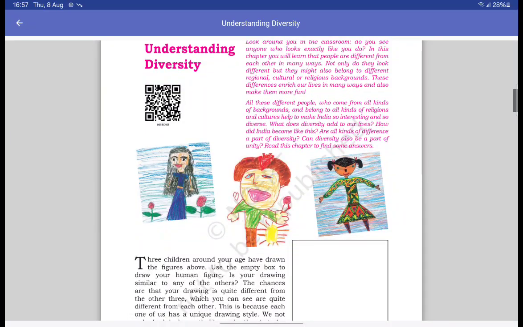Now, before going on with understanding diversity, let us first know what diversity actually is. Diversity in Hindi means bhinnata. Right? In English, you can explain it as different kinds of things or beings. Diversity simply means different kinds of things or beings, grouped together.